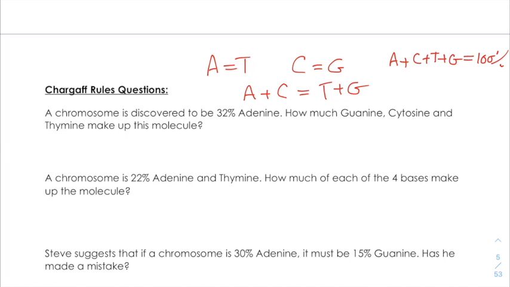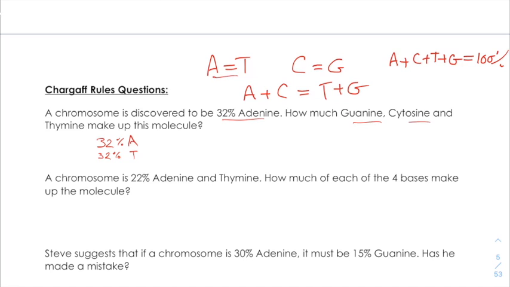So let's look at a question here. A chromosome is discovered to be 32% adenine. So 32% is A. How much guanine, cytosine, and thymine does that mean? The first thing you want to do is use that first equation: adenine is equal to the amount of thymine, so you have 32% thymine.